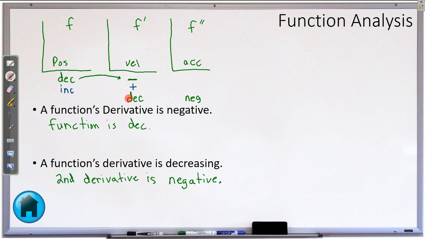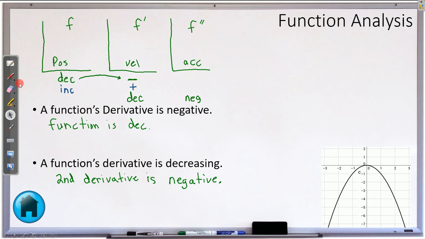That means the function's derivative is decreasing. What does that look like? Well, we're not quite there yet, but let me show you an example. This function here, the upside down parabola, is one example where the function's derivative is decreasing or where the second derivative is negative.